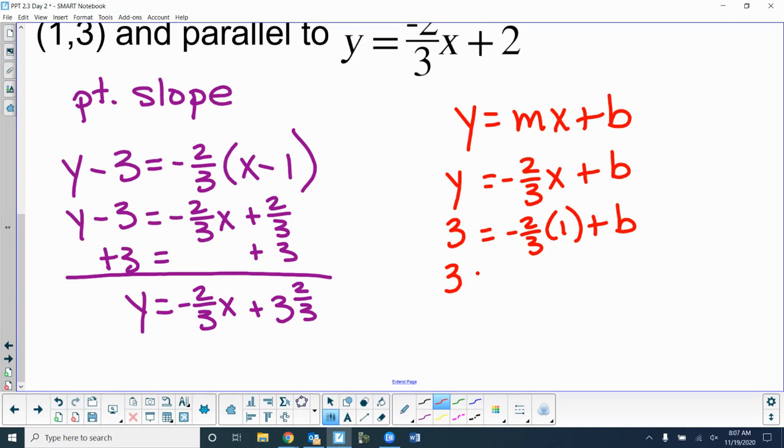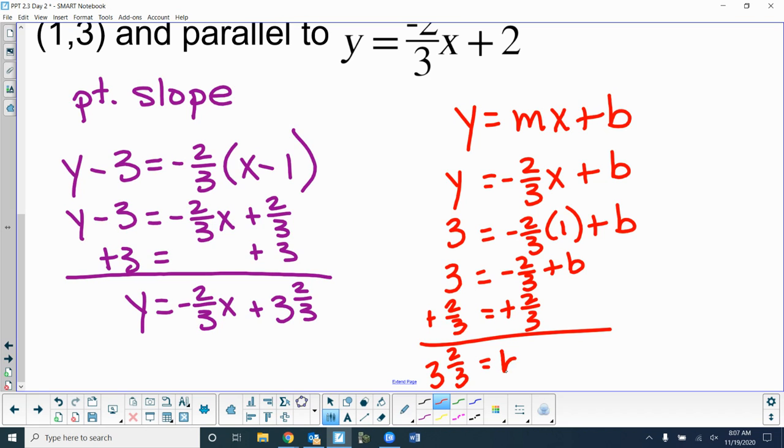So we got 3 equals negative 2/3 times 1, which is negative 2/3. To get b alone, I'm going to add 2/3. It's 3 plus 2/3, 3 2/3. Yeah. So either way works. Whichever you're more comfortable with is fine with me.